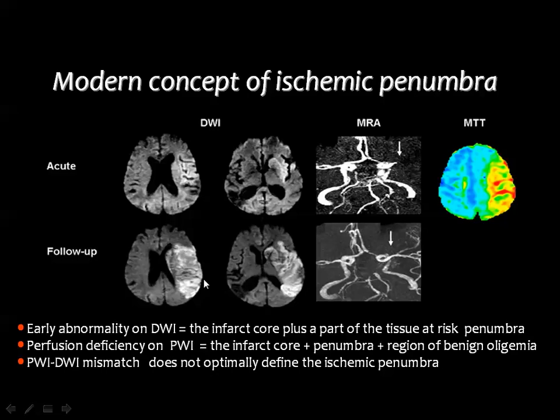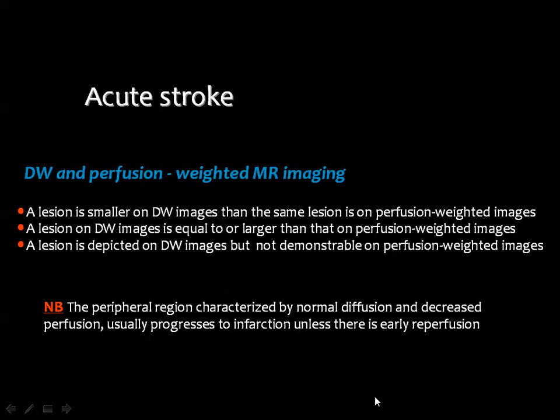But in the follow-up diffusion weighted image, the lesion is larger because there was an area at risk in this particular area, which is shown by perfusion imaging, and this area will be ischemic or develop an infarction after some time.